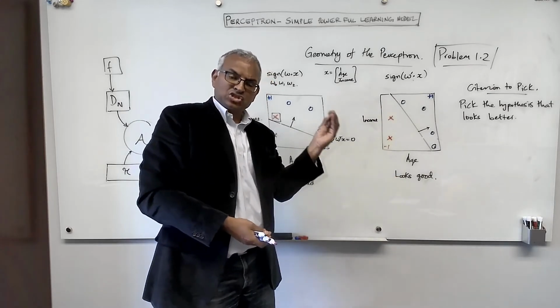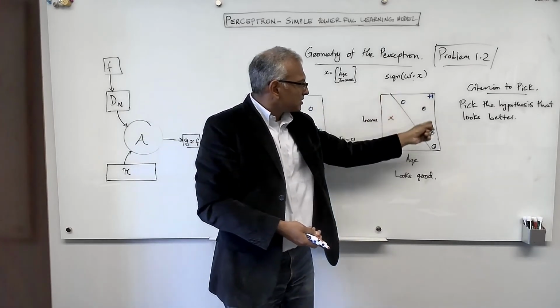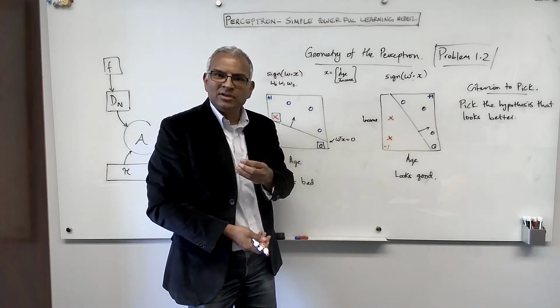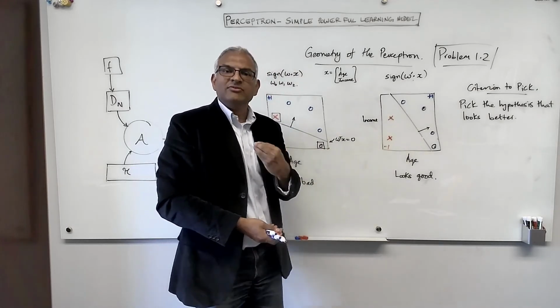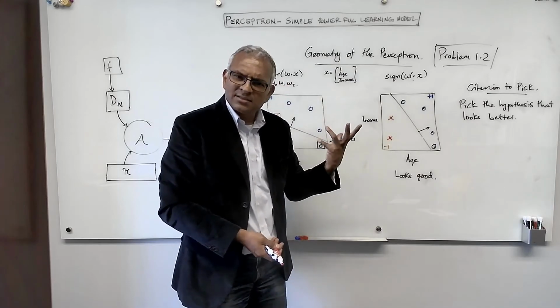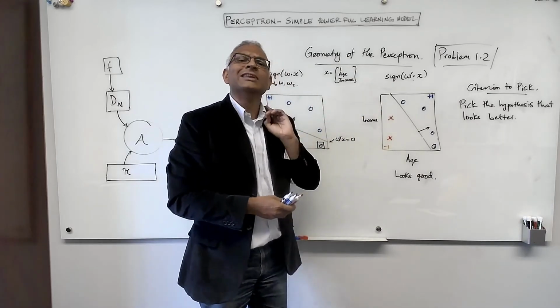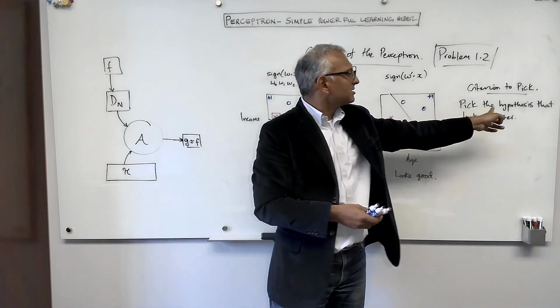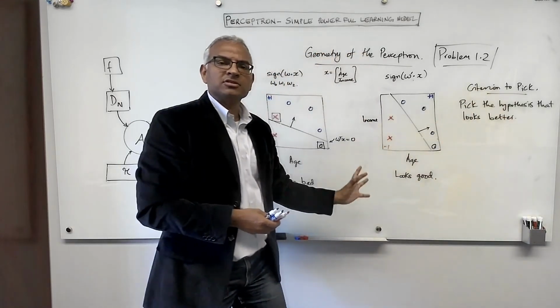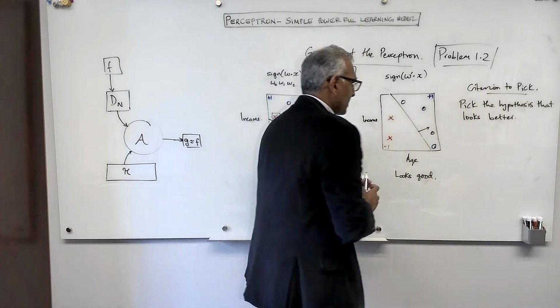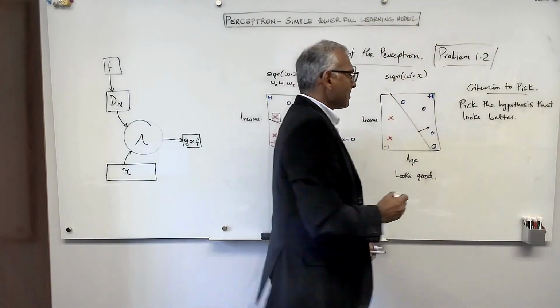But in general, your data set is not going to live in 2 dimensions. It might live in 1,000,000 dimensions or even 100 dimensions. And we can't visualize and we can't look at the data and pick it. So we need an algorithm that implements this criterion and picks the hypothesis that looks the best. So pick the hypothesis that looks better. How?